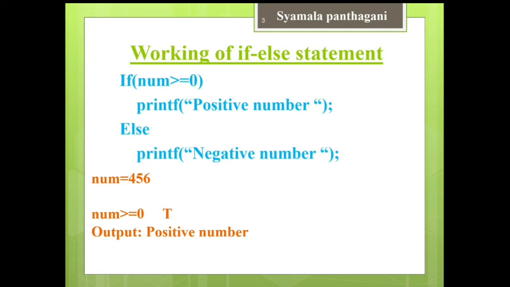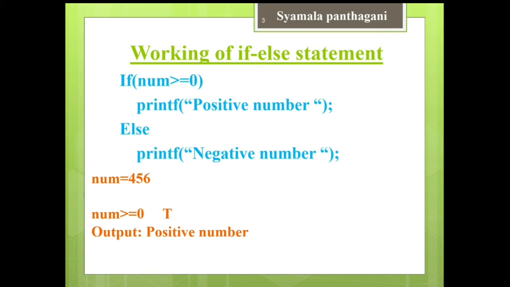This 456 is greater than or equal to 0. Is this condition true or false? True. That's why the control prints a positive number, because in the true block we have written positive number. The true block is positive number. That's why the control prints positive number.